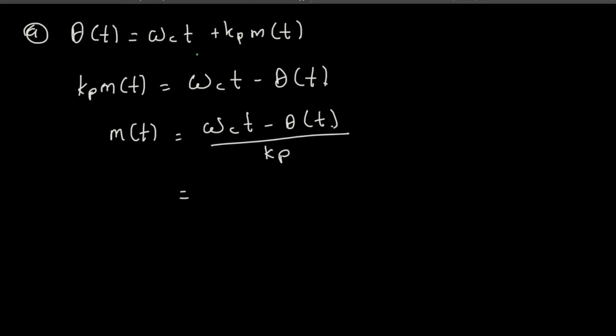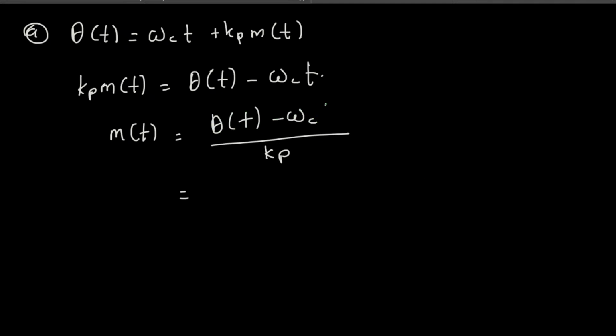If I move this omega_c t to the other side, because I want kp m(t) to be positive, it's going to be theta of t minus omega_c t.